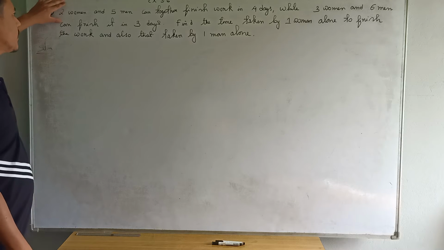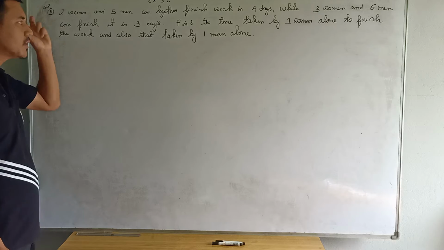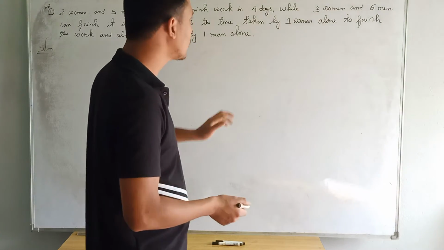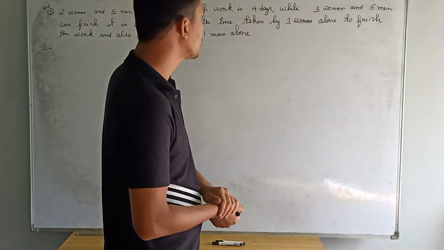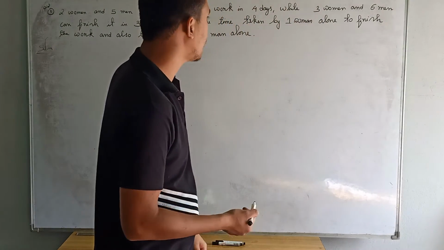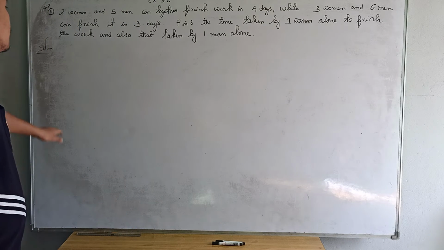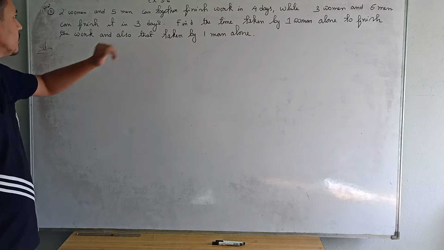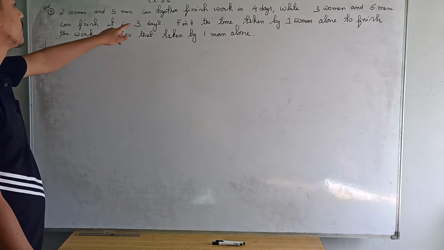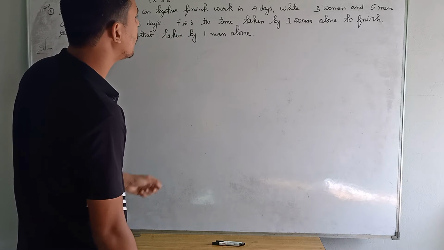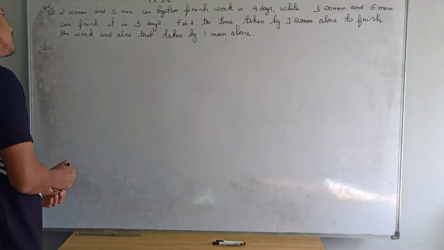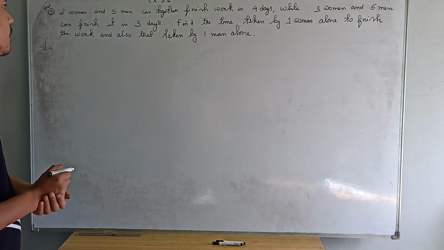This means 2 women and 5 men working together can complete a piece of work in 4 days, while 3 women and 6 men can finish the same work in 3 days. Find the time taken by 1 woman alone to finish the work, and also the time taken by 1 man alone.